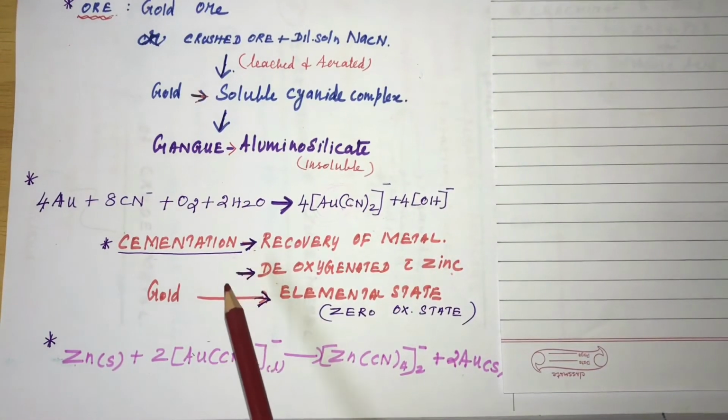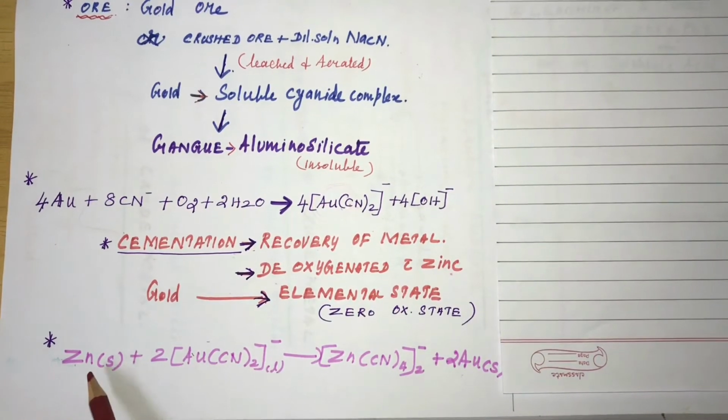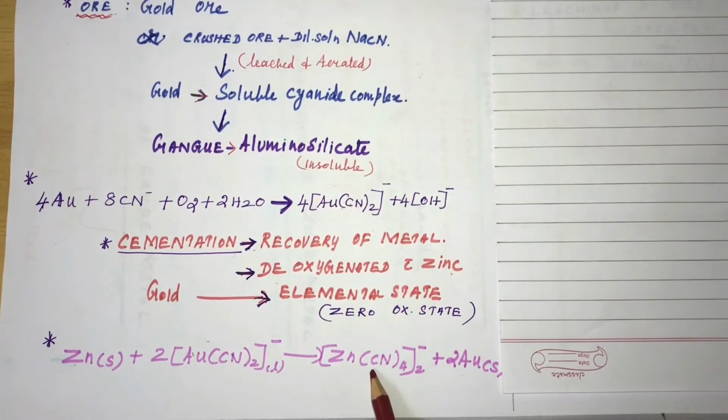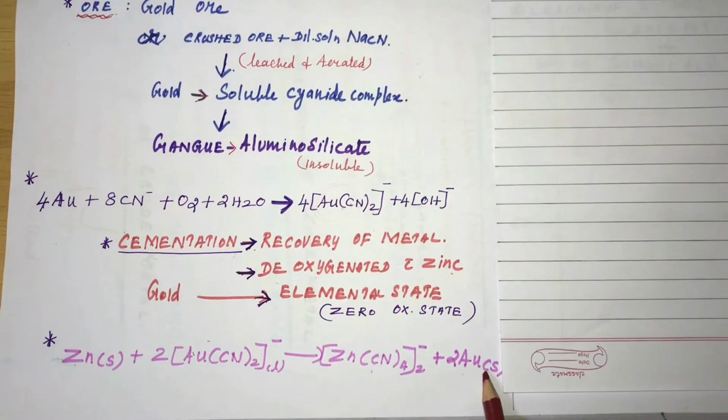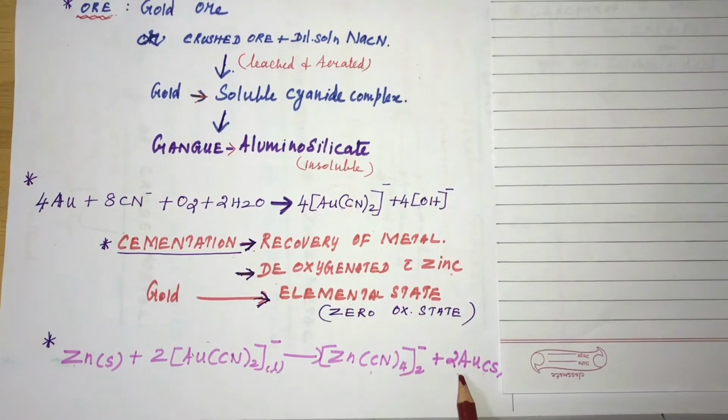So what is cementation is, இப்போ என்ன பண்ணியிருக்காங்க, the zinc metal, zinc வந்து இந்த கோல்டை விட highly electropositive. So thereby it displaces the gold from the solution, forming zinc cyanide and gold. So now gold is in the elemental zero state, pure state.